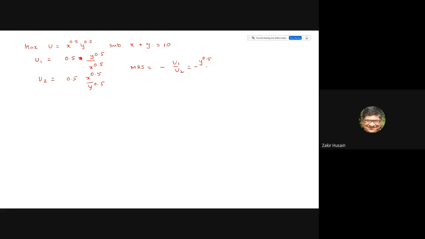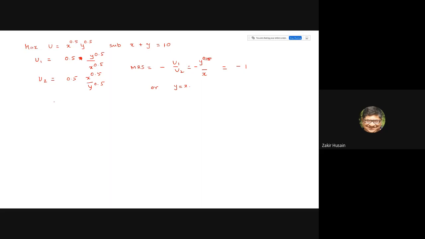This is equal to the price ratio, which is -1. দুটো প্রাইস তো 1 হচ্ছে। তাহলে এটা y by x equal to 1 or y equal to x, ঠিক আছে?